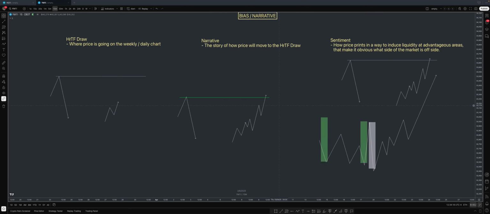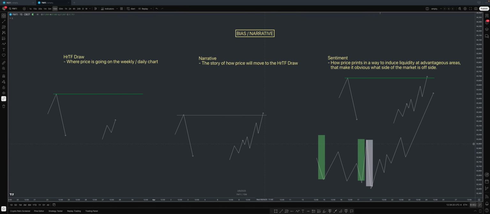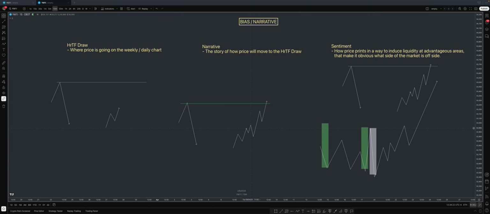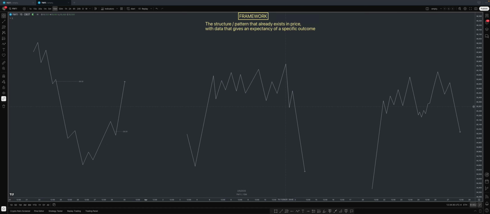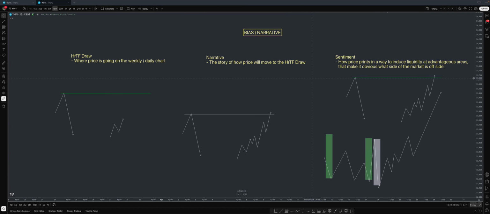Maybe this failed bull flag pattern happens right in here, and I know that I want to target this particular low, and that fits in with the higher time frame narrative because we're going to take out old lows before hitting higher. So I can trust catching a short because it fits in with my high time frame draw up to here, and it gives the narrative on how we would get there.